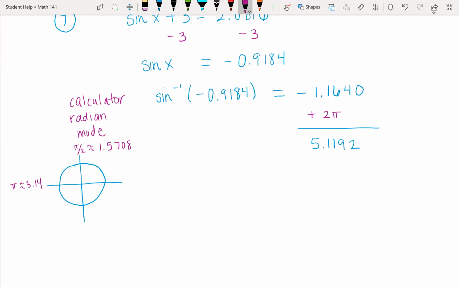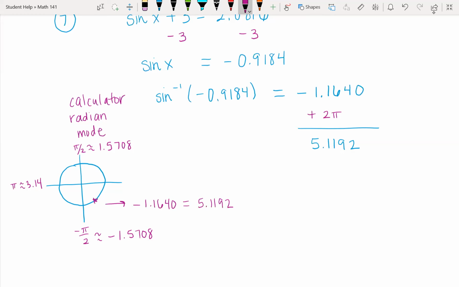So negative pi over 2 would be about negative 1.5708. So this original value, negative 1.1640, is somewhere over here, right? And that's also the same as 5.1192. We just found that by going around the circle one time.